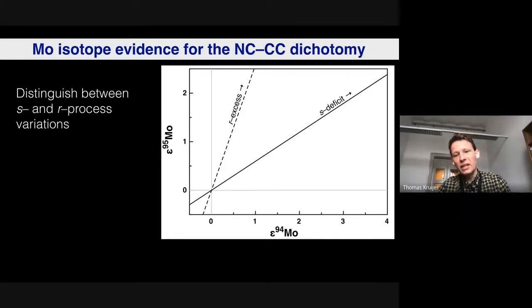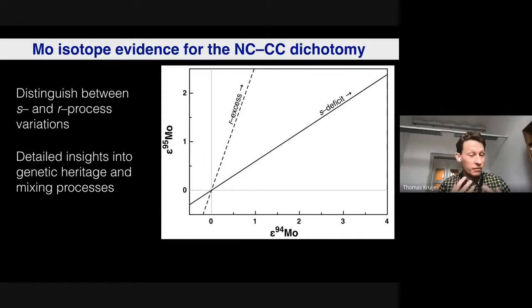And what you see in a diagram of epsilon 95 versus epsilon 94 molybdenum is that these two different nucleosynthetic processes generate lines with different slopes. So you can distinguish between r-process variations and s-process variations. And this then provides very detailed insights into the genetic heritage as well as into mixing processes among meteorites.